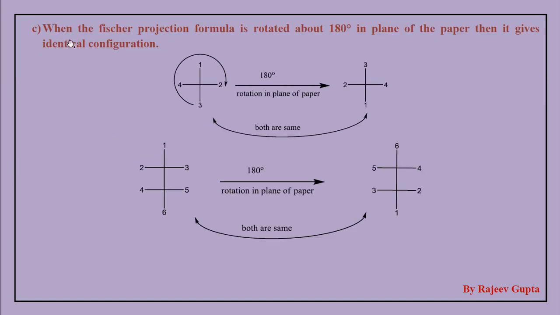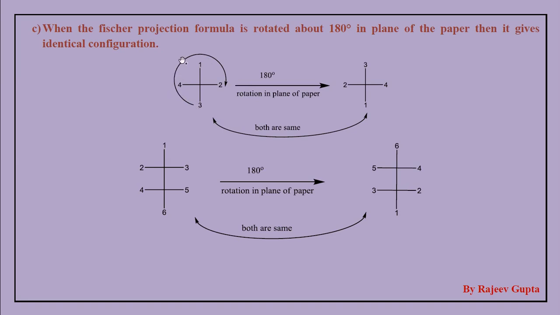Now when the Fischer projection formula is rotated by 180 degrees in the plane of the paper, then it gives identical configuration. This is a Fischer projection where all the bonds are shown by solid lines.